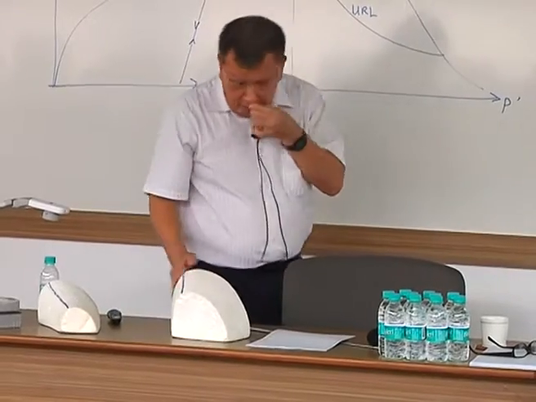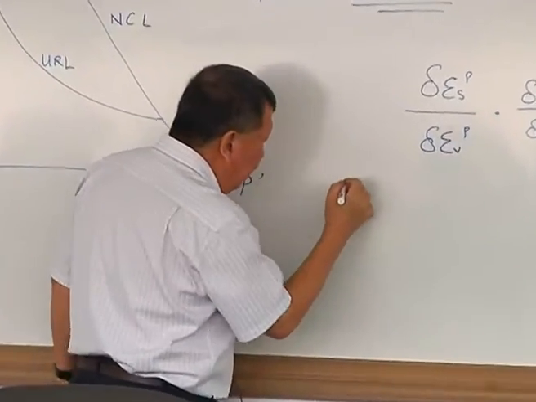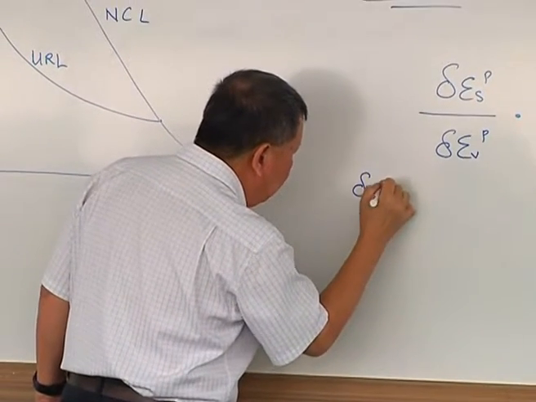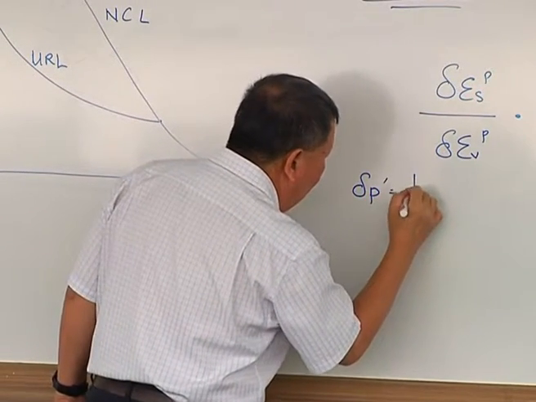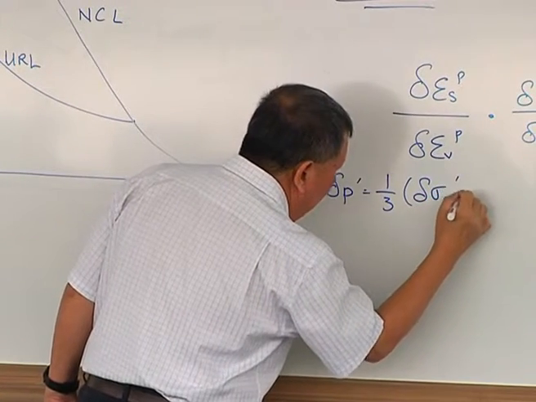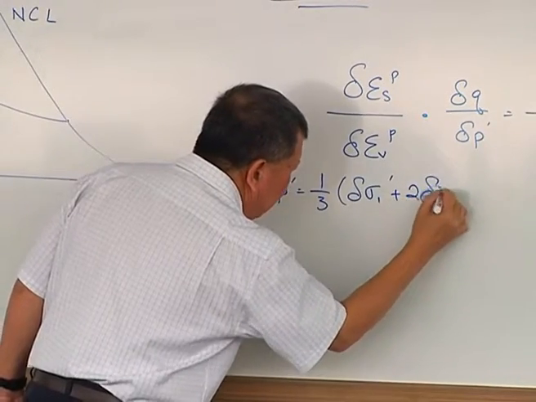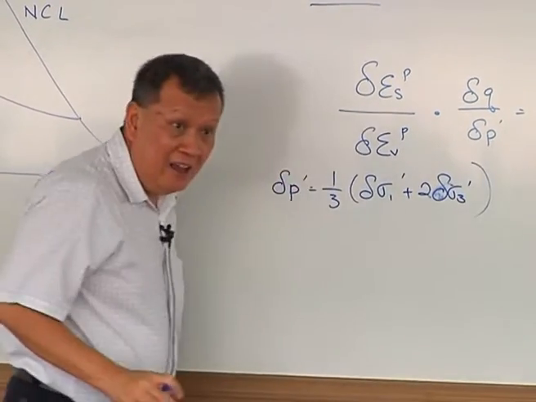Because when you unload, delta p' equals 1/3 of delta sigma 1' plus 2 delta sigma 3', correct?